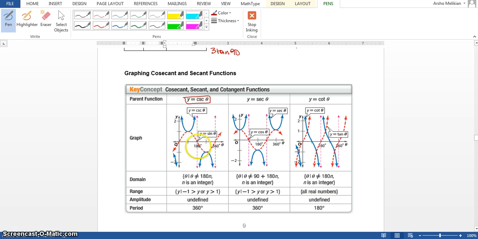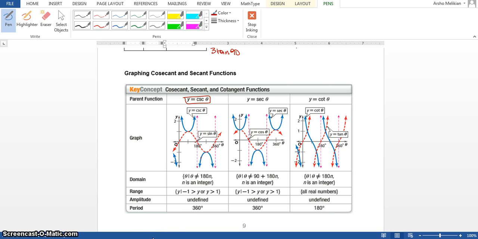You graph a sine function, okay? You break it down wherever the sine function is 0. Cosecant is 1 over sine, so it's going to be undefined. So wherever the sine function is 0, you're going to have asymptotes, and the cosecant is going to be these parabola-looking shapes above and below the maximum and the minimum.